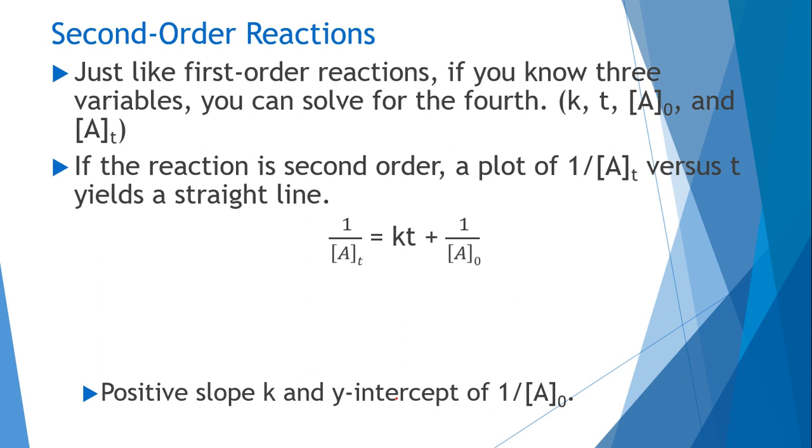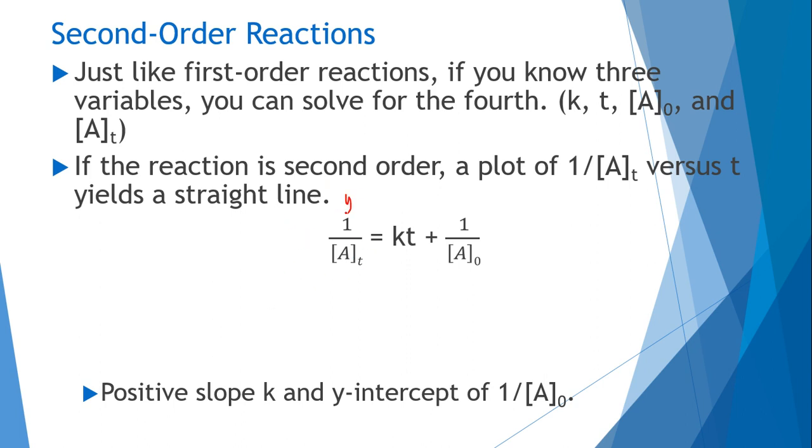Just like first order reactions, we can actually give you 3 of these variables and you're going to be able to solve for the 4th. And also with this one, we can actually plot it on a graph and get a straight line. It says if the reaction is second order, if we plot 1 divided by our concentration at a specific time versus t, this is actually going to yield a straight line.